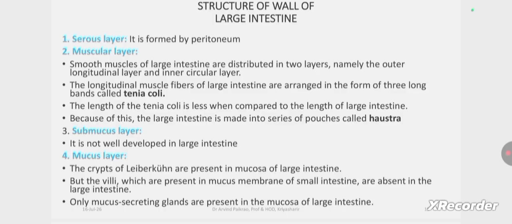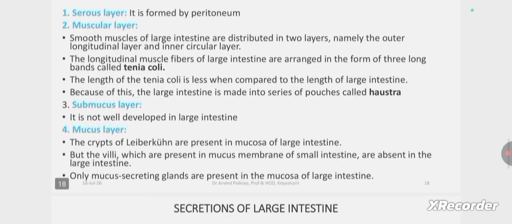This is a very important feature of the large intestine: the longitudinal layer is arranged over the entire length in three ribbon-like bands named taenia coli, and being shorter than the large intestine, it makes the series of pouches known as haustra.